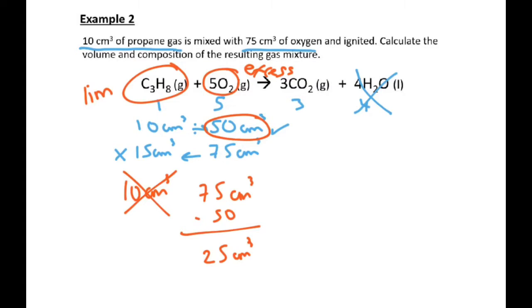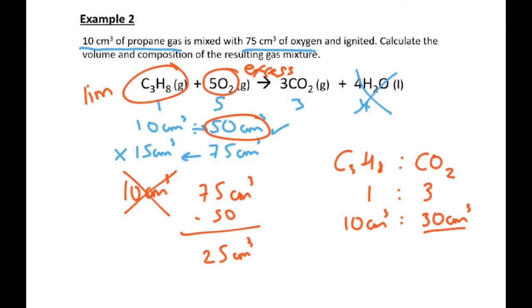So if we take our limiting reagent, our propane, and compare that to our carbon dioxide, they react in a 1:3 ratio. So if we start with 10 cubic centimetres of propane, then we'll end up with 30 cubic centimetres of carbon dioxide. So our resulting gas mixture is made up of 25 cubic centimetres of oxygen and 30 cubic centimetres of carbon dioxide.